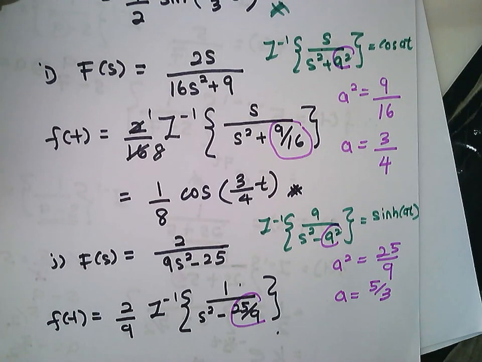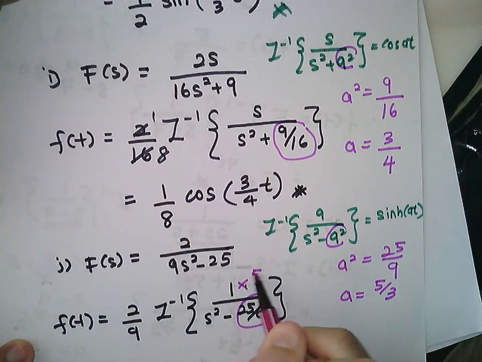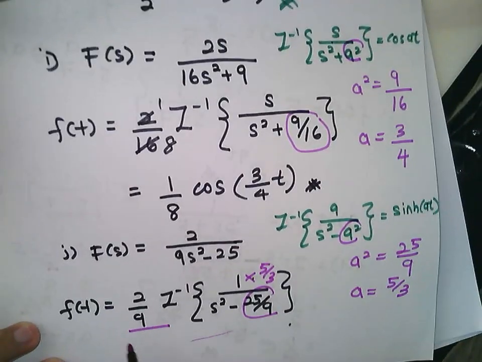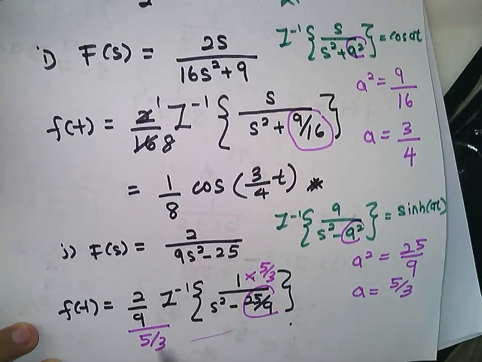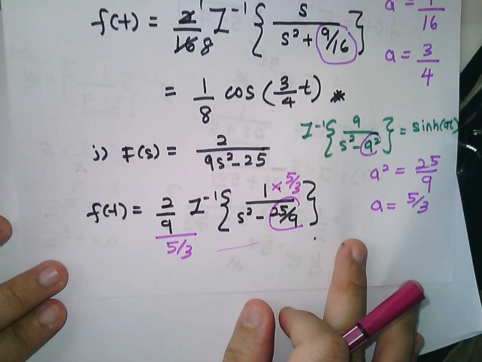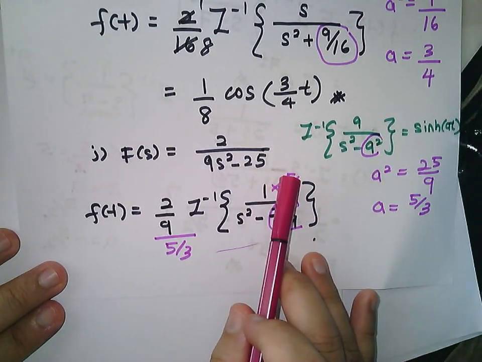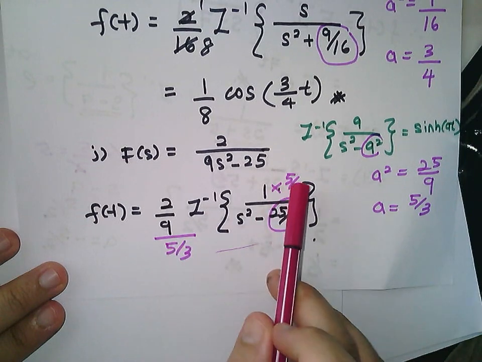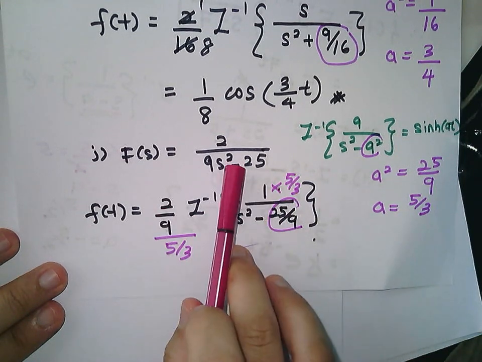So you need to multiply by 5 over 3, and you need to divide by 5 over 3. If you cancel out this one, you still have the same problem.